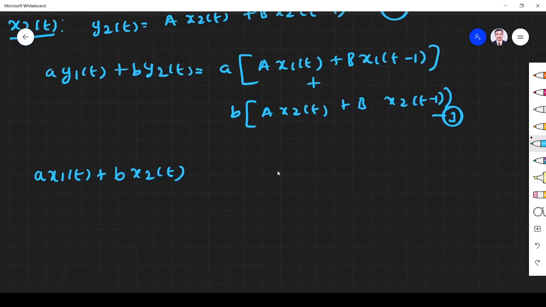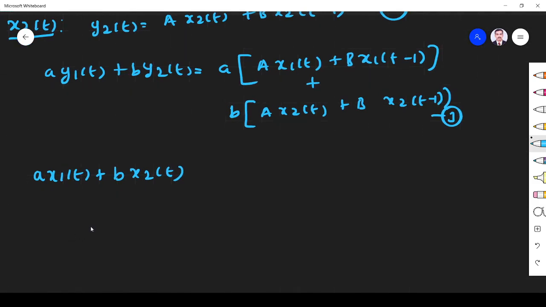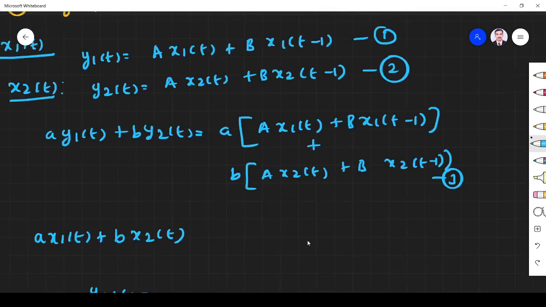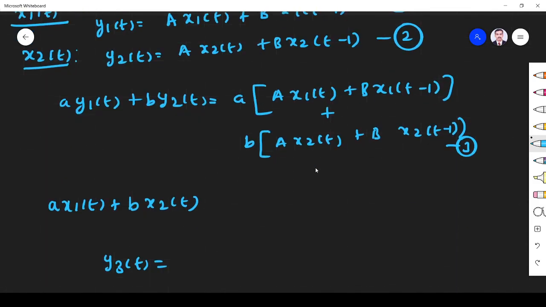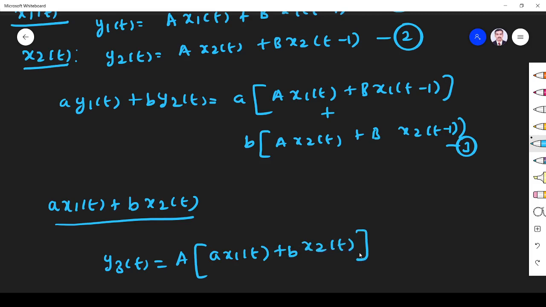For that, what is my output? y3 of t. y3 of t is given by, what is my equation? a into x of t. So a is there, input is x of t. Instead of x of t, I substitute this: a into (a x1 of t plus b x2 of t).